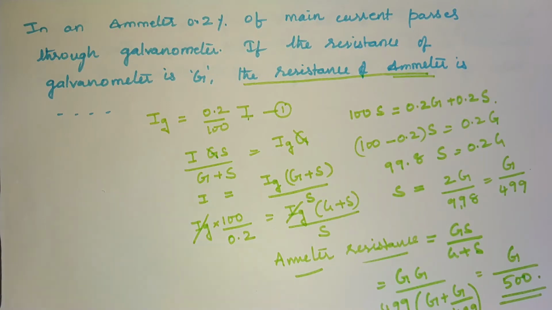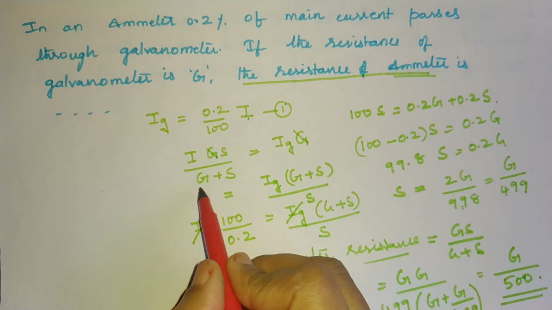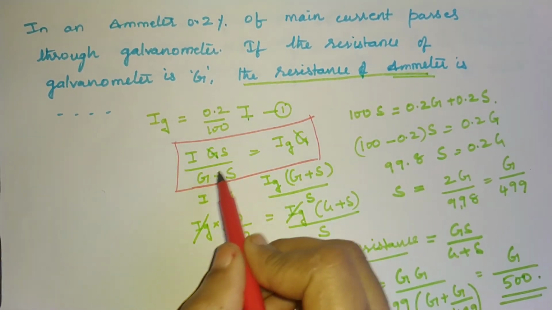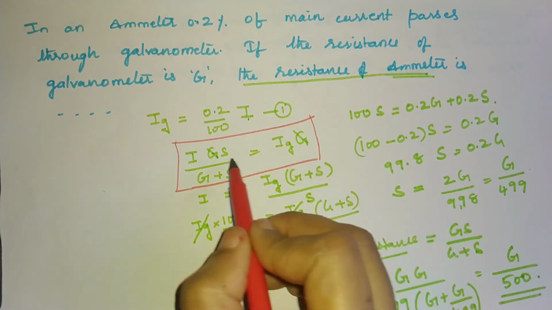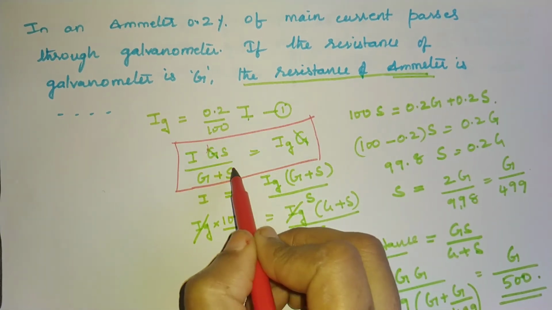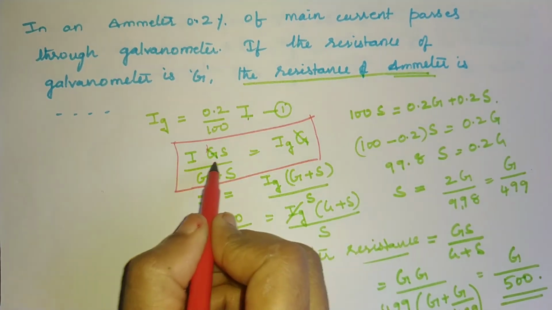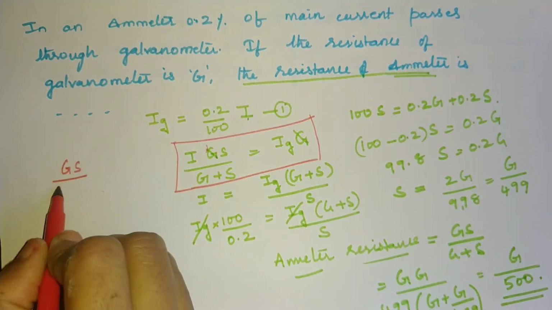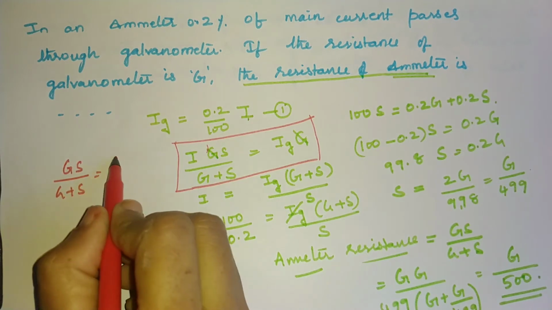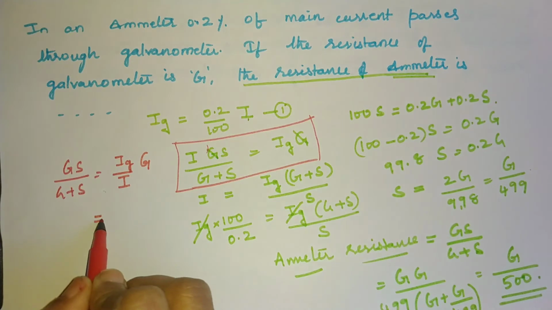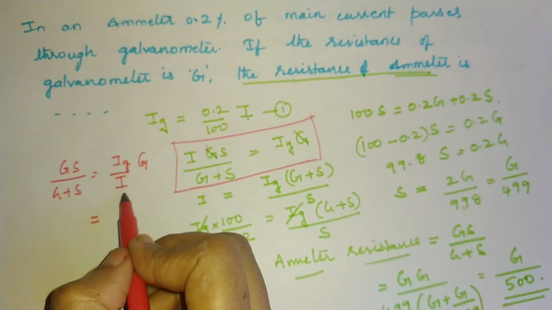For the same question, instead of going through this long procedure, you can do it in a simpler way. If you observe this relation, I into GS by G plus S is equal to Ig into G. This GS by G plus S itself is the resistance of the ammeter. So what can I write from this relation? GS by G plus S is Ig by I into G. You will get the answer in one step. What is Ig by I?